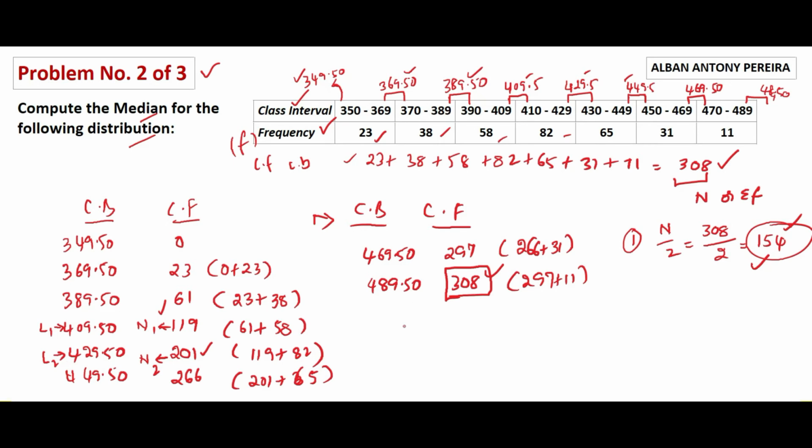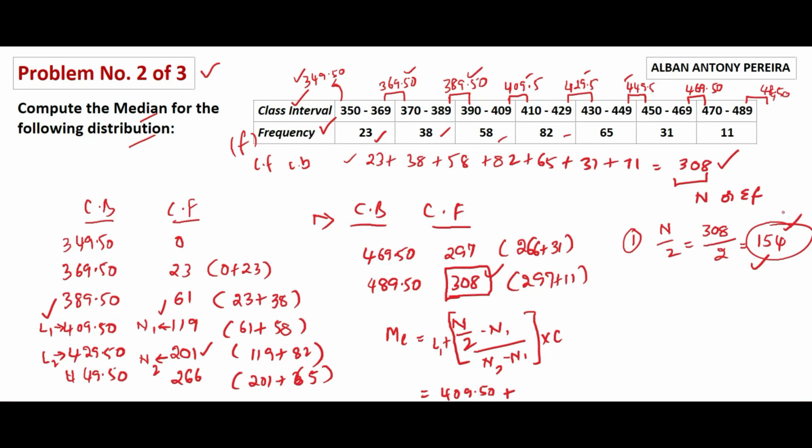Now write down the formula of the median. Median is equal to L1 plus bracket open n divided by 2 minus n1, whole divided by n2 minus n1, into c. This is the formula. L1 is 409.50, we have found it.